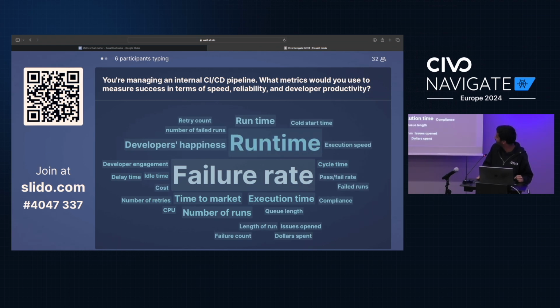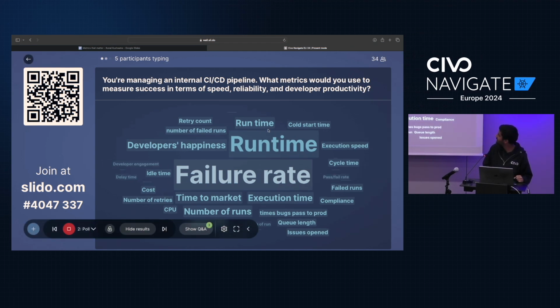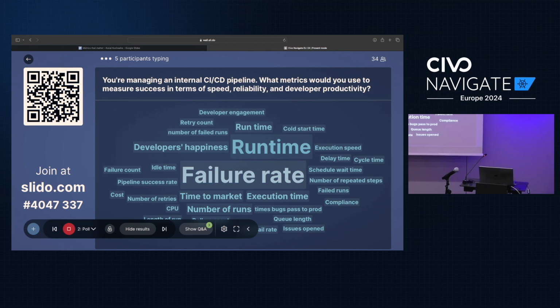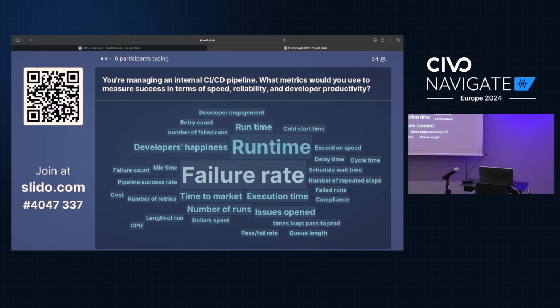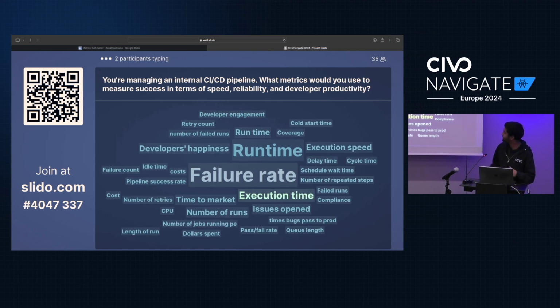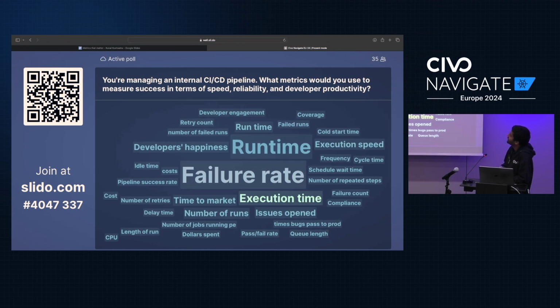I see a lot of run times, but I see a lot of different things as well. 6 more people typing. I'll just give you a few more seconds. Length of run, cost, number of retries, CPUs. Okay, cool. That's done. Good mix.